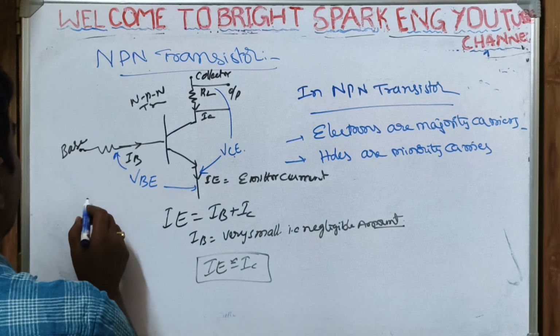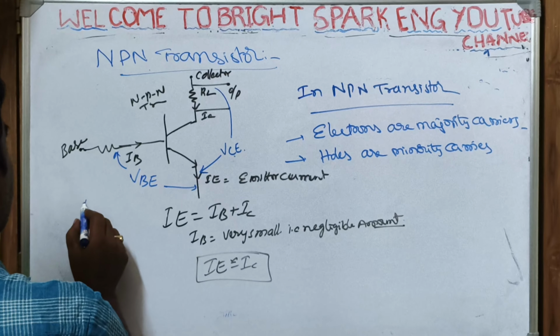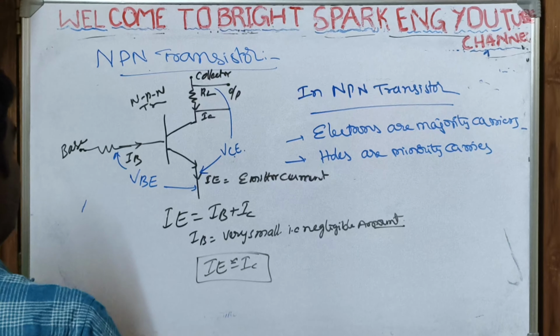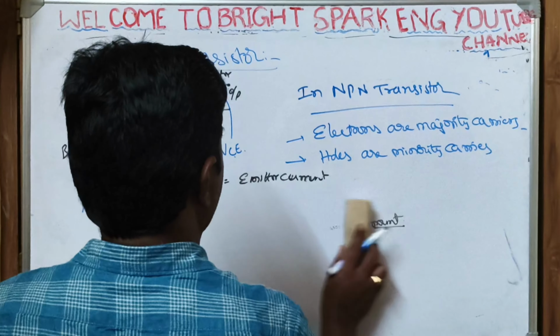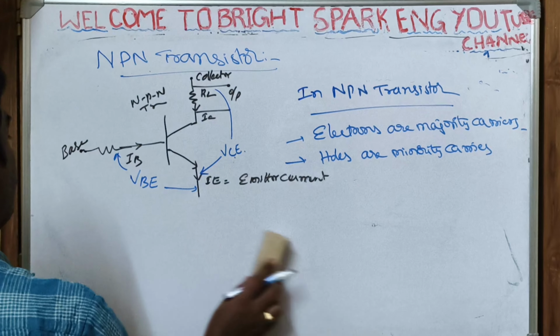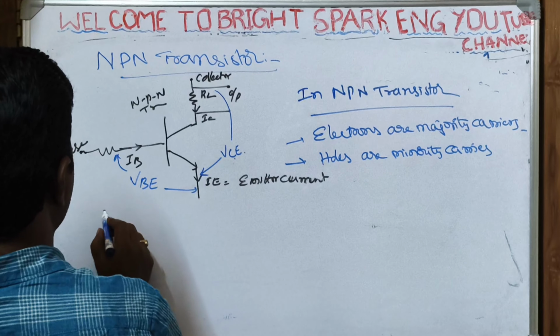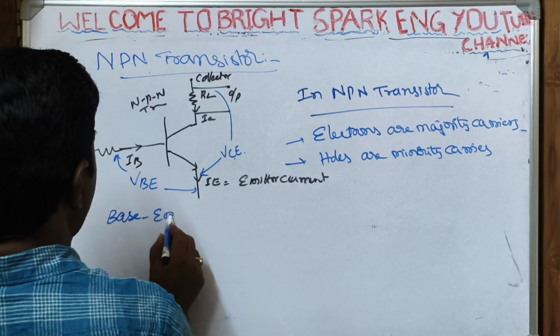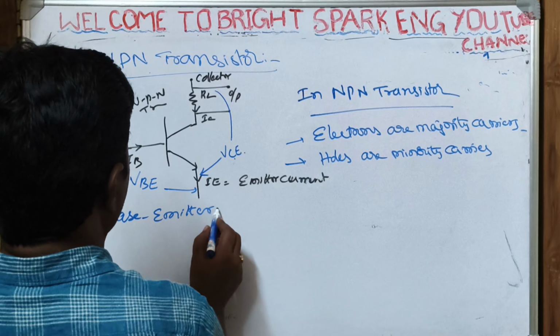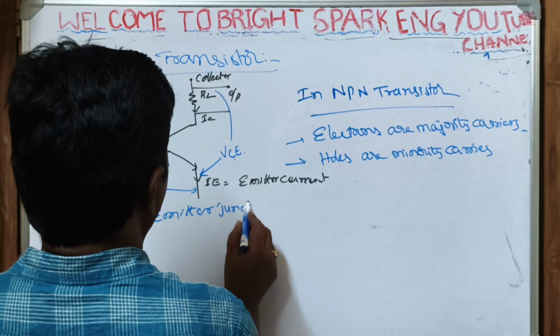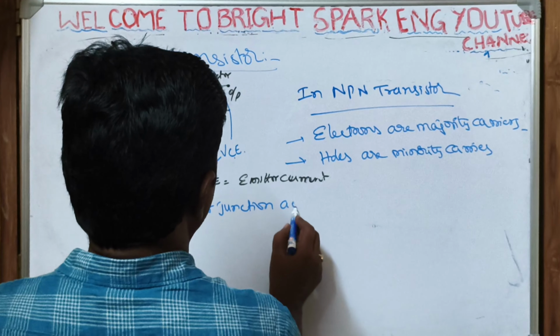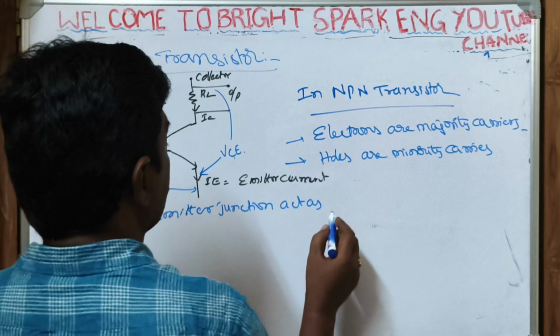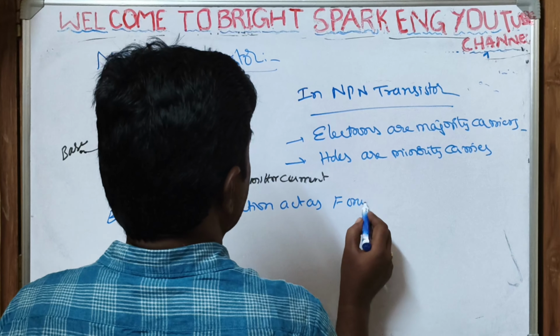This acts as a forward bias. In this, the base emitter junction acts as forward bias.